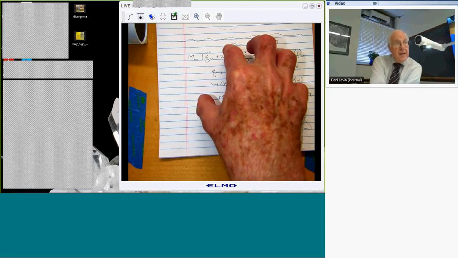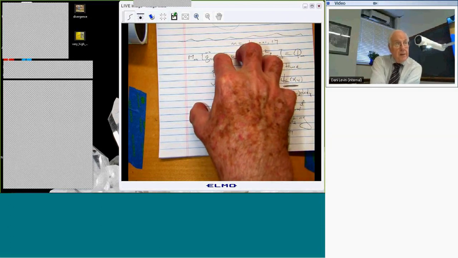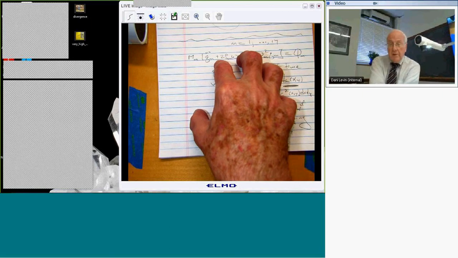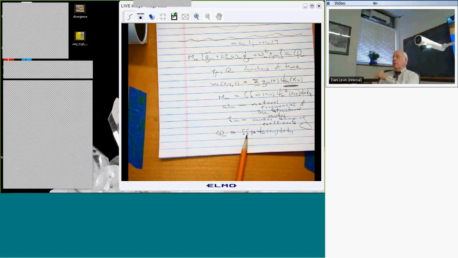Strictly speaking, you don't need it. If I want to know the random response of the system, you give me alpha naught as a random function of time. They're random number generators, so we could take it from experiment or whatever. And then using what we already know, we could compute the time history of the response, right? Because a random input is just, in some sense, a special case of an arbitrary time dependence.